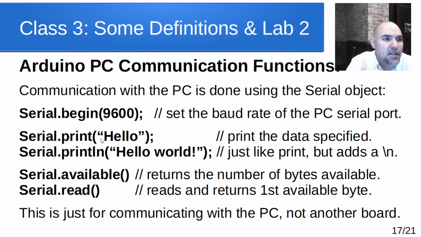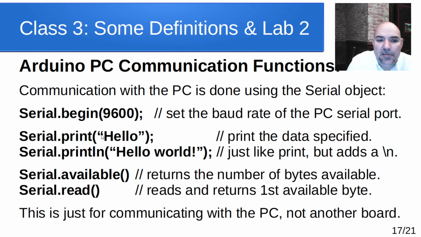In other words, there's a version of this function that can print other things as well. Serial.available will return the number of bytes that have come in from the PC talking to it. So these two are from the microcontroller back to the PC. These give us the ability to read how many bytes came from the PC, and then we can read one of them. Serial.read reads the first available byte, and we can do something with that.